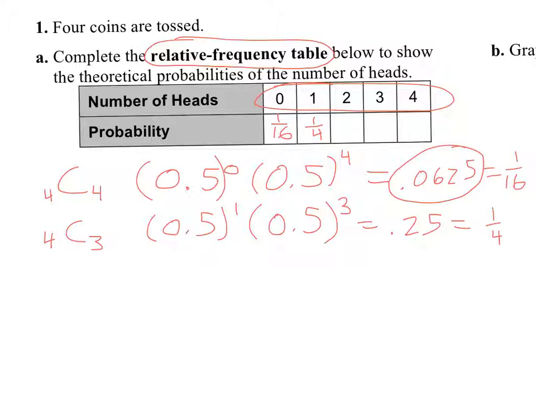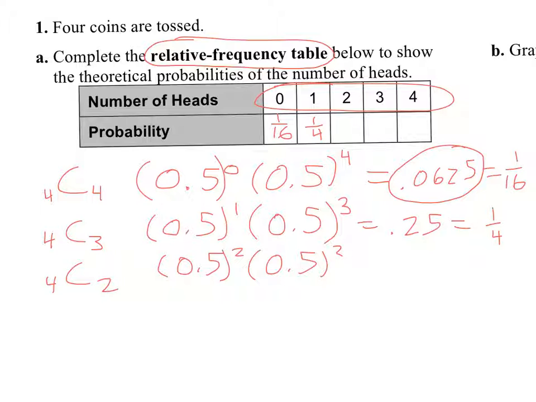Okay, for the next one, we want to get heads twice, which means we want to get tails twice, and there are different orders that can occur in. Your 2 heads can be first and second, they can be first and third, first and fourth. The 2 heads could be second and third, second and fourth, or third and fourth.